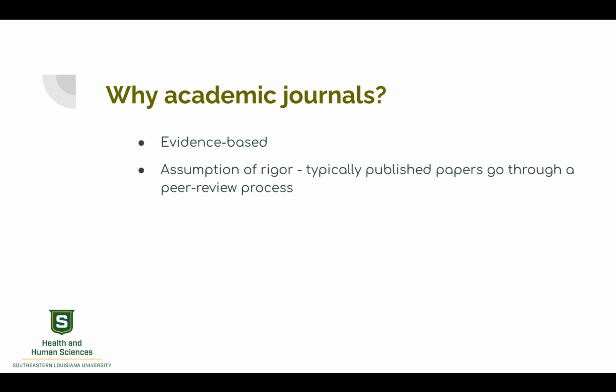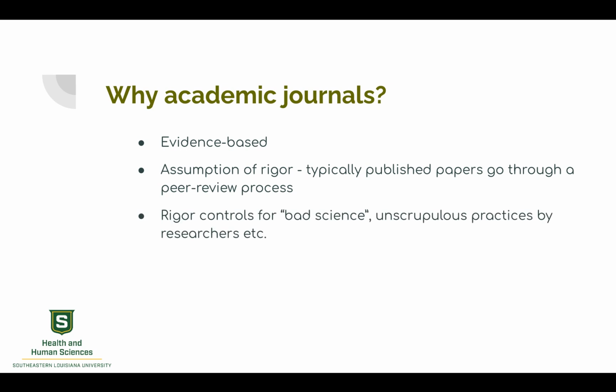They go through a peer review process, whereby there is rigor that comes in. The people who are reviewing the paper are trying to see whether bad science has been done, and whether there has been some unscrupulous practice by the researchers.